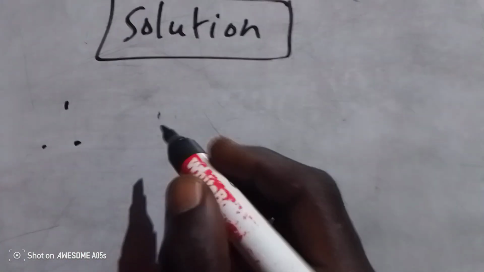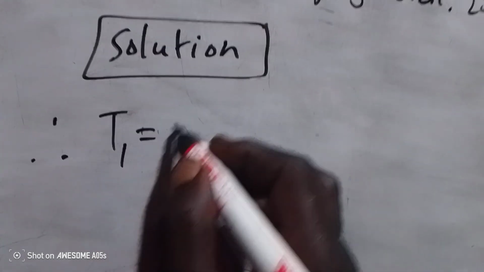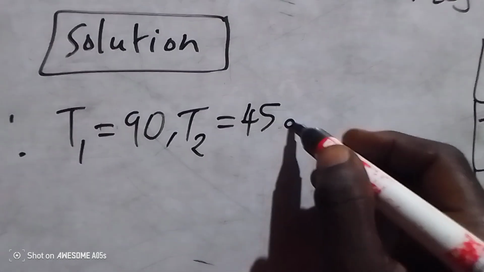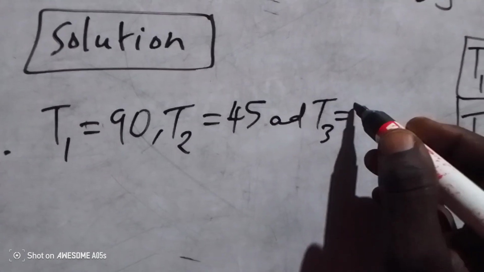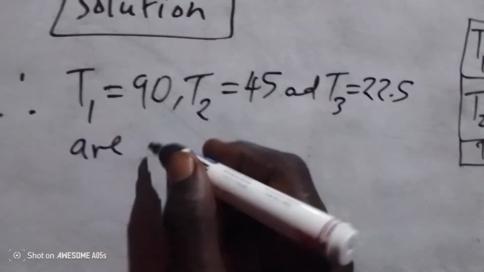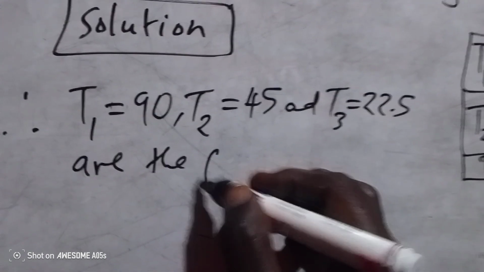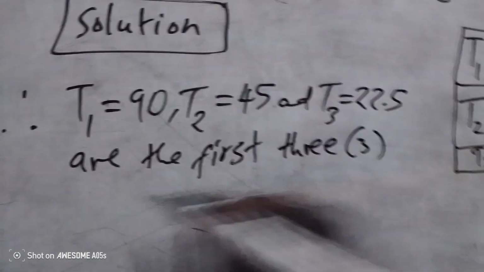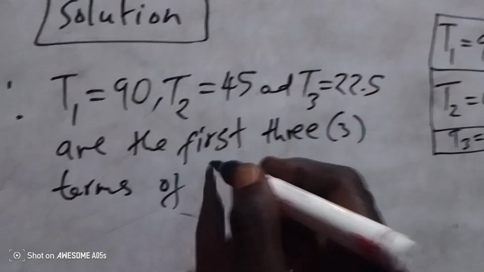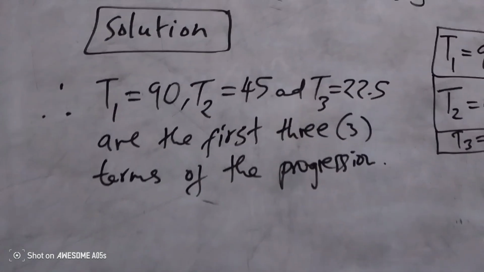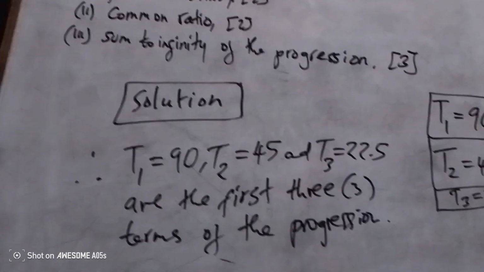We can just say, therefore, T1 equals 90, T2 equals 45, and T3 equals 22.5 are the first 3 terms of the progression.